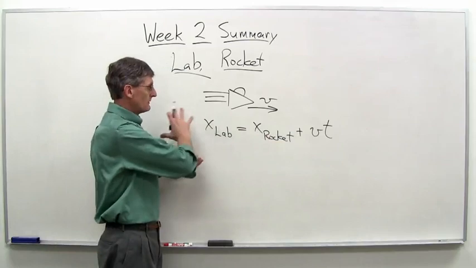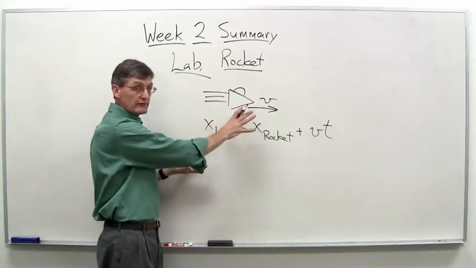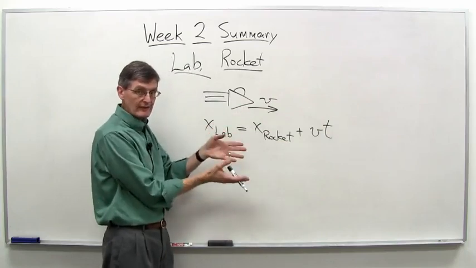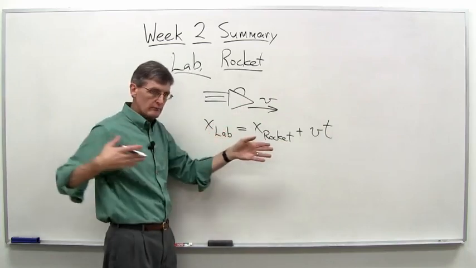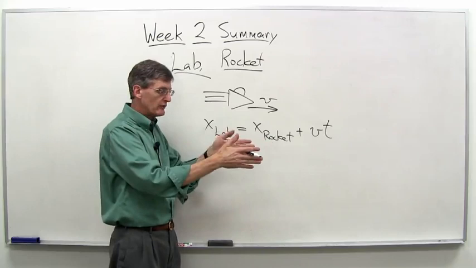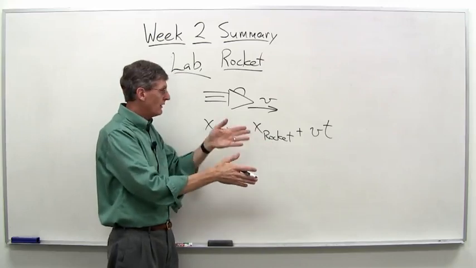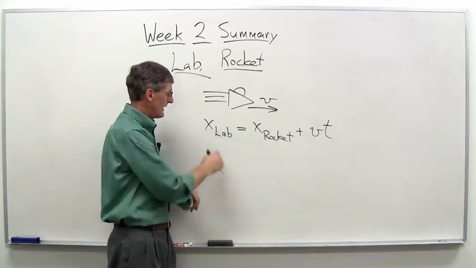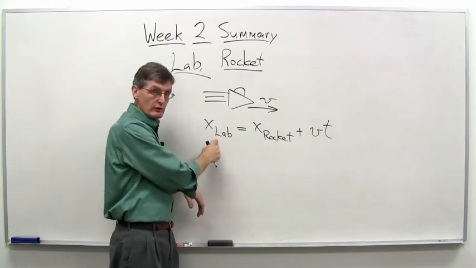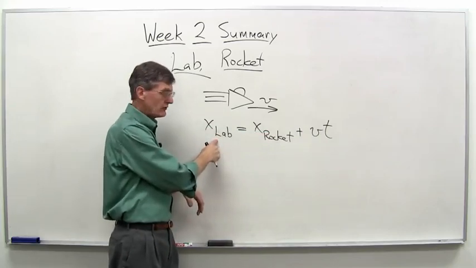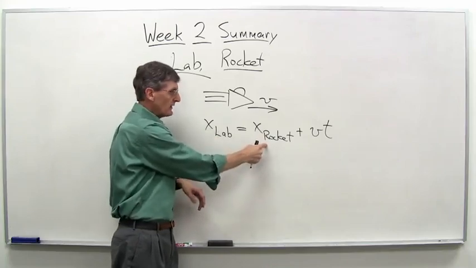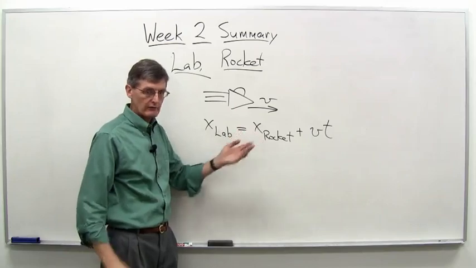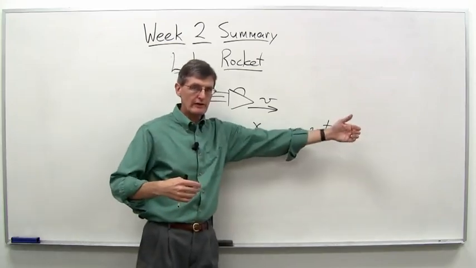So again, lab frame, rocket moving to the right. They start at t equals 0 right next to each other. The rocket's coming by, and right at t equals 0 it passes by the origin there, and then continues in that direction. So the lab value for the location of whatever event has been measured in the rocket frame is going to be greater by vt than it is in the rocket frame, because the rocket is going off to the right in the positive x direction.